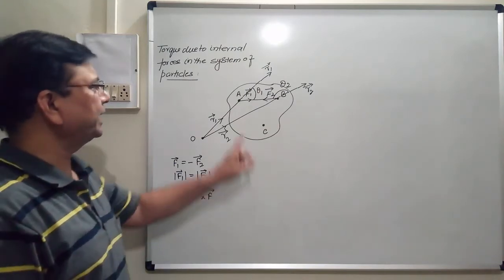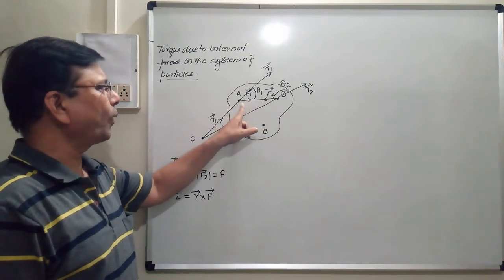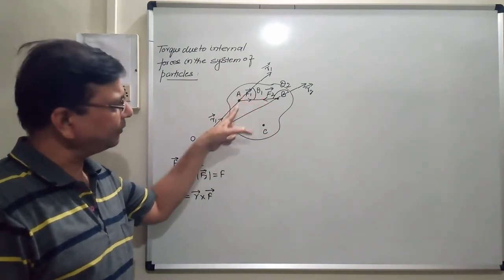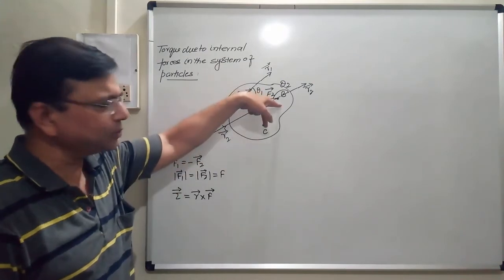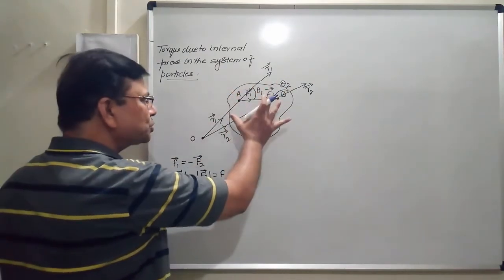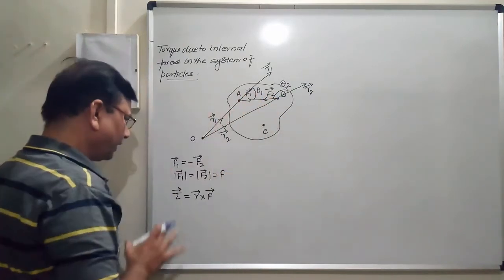Now we will find out the torque due to this force F1 on the system of particles. I consider only two. Likewise, this can be done for BC also. So I have taken A and B two particles, and I will show that torque due to these forces is equal to 0. How?